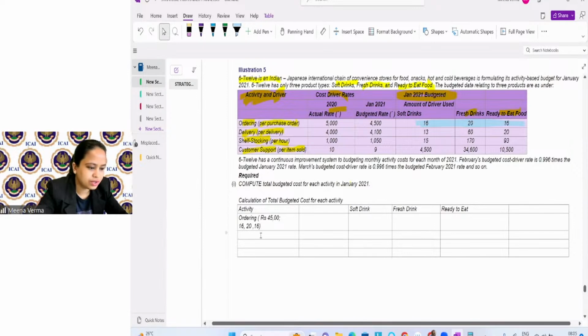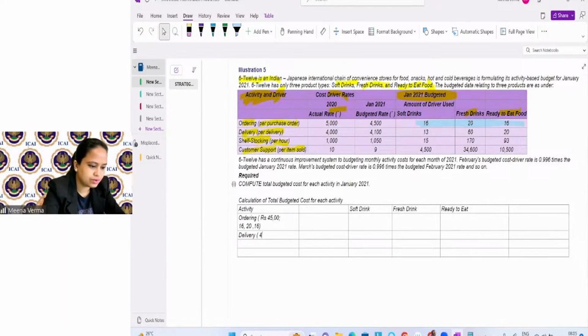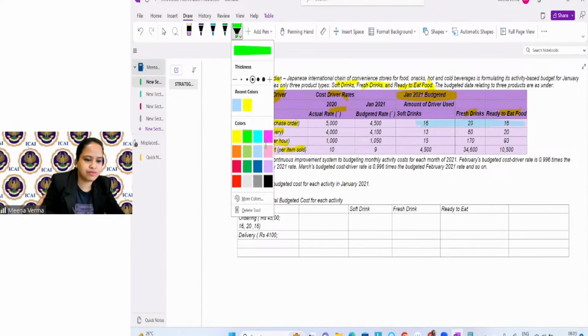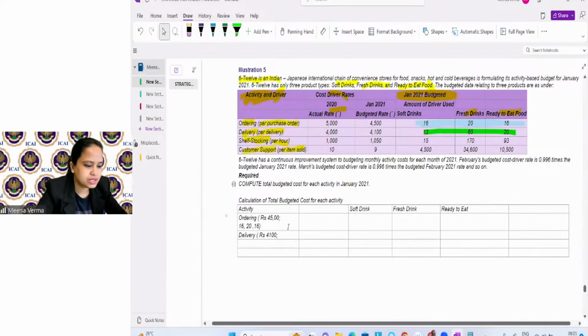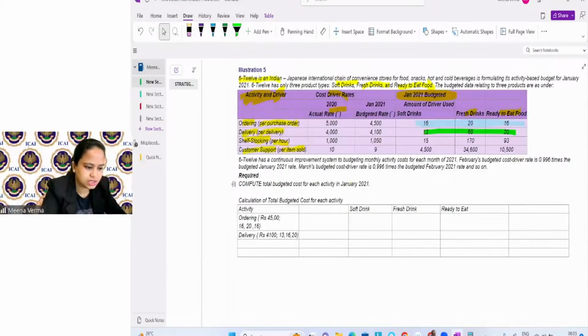Then you have delivery. What is the delivery cost here? 4,100 rupees. And it will be on the basis of allocation per delivery, and the per delivery allocation basis is given here: 13, 16, 20.